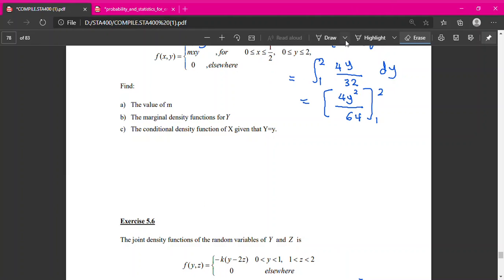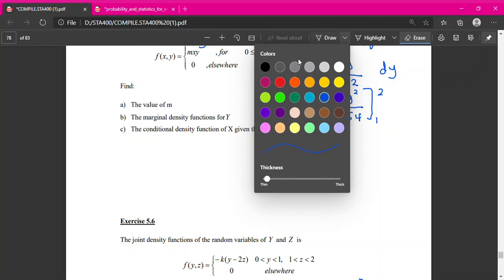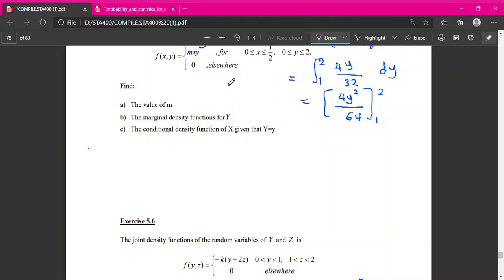Okay, so untuk dapatkan marginal for Y, you need to integrate with respect to X, right? Okay, untuk dapatkan marginal for Y, so dapatkan hY, nak buat fY pun tak ada masalah, the function. We need to integrate the PDF function, which is 4XY, with respect to X. So, the interval for X adalah from 0 until half. So, kat sini will be 0 until half.